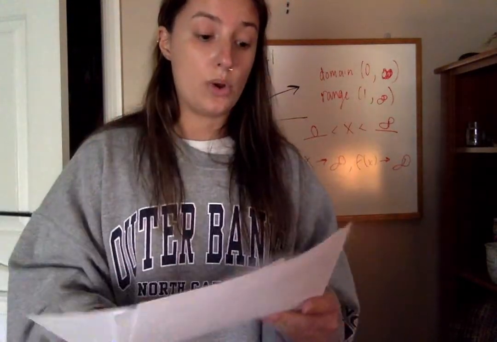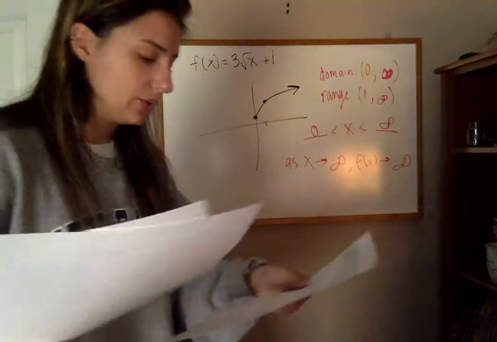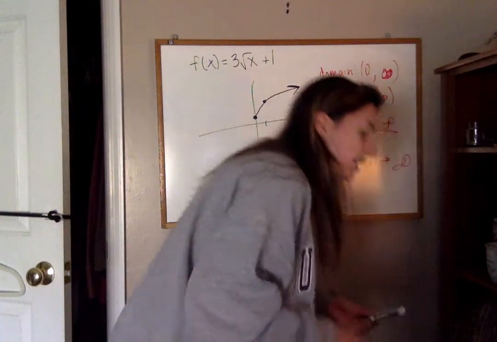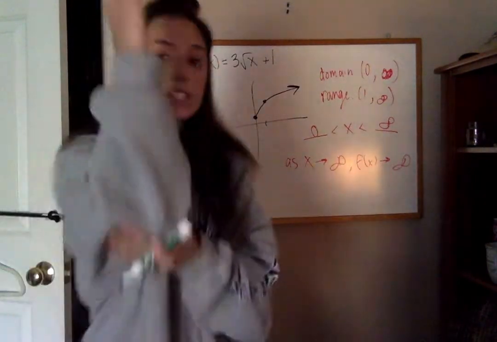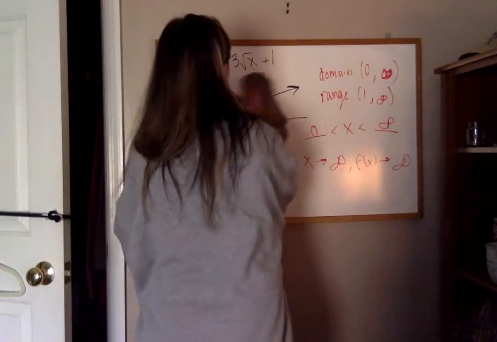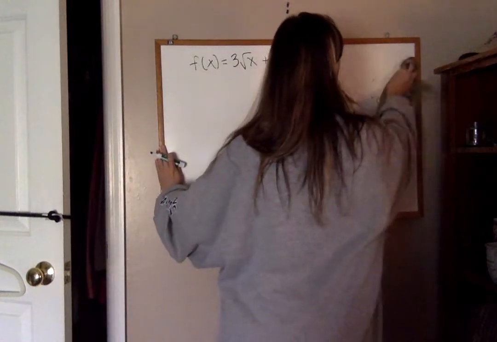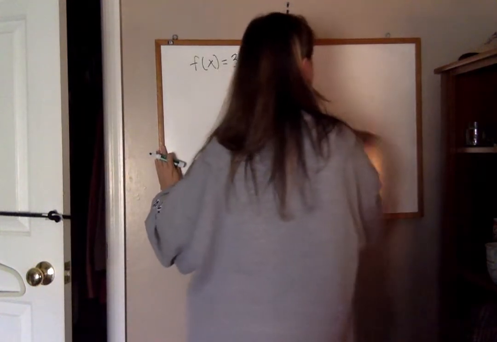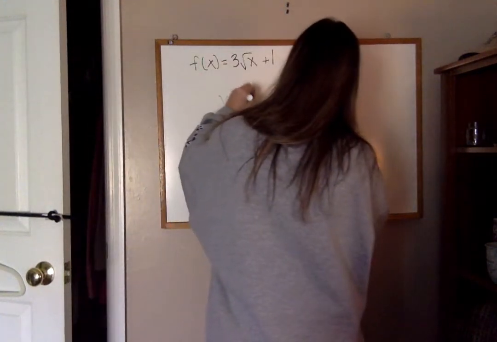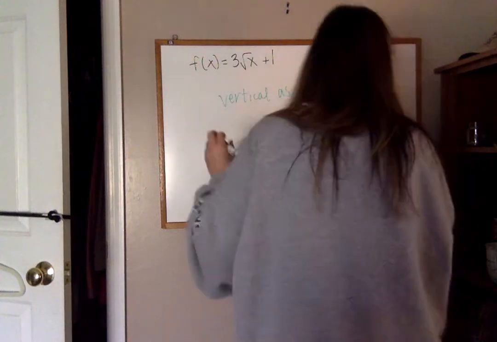So just remember how we write the equation of a vertical and horizontal line. So if it was a vertical asymptote, and it looks like this, so vertical asymptote. There's a P in there, asymptote.